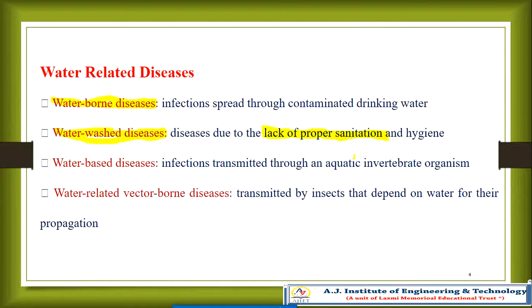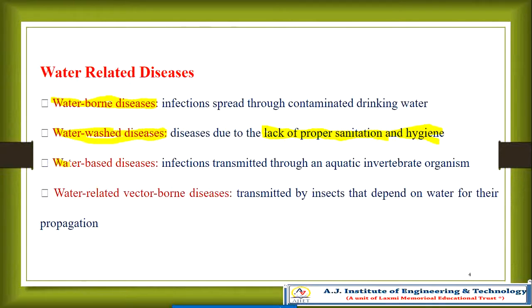But water washed diseases mean the diseases due to improper sanitation and hygiene, or lack of proper sanitation and hygiene. Please understand the difference between waterborne diseases and water washed diseases.